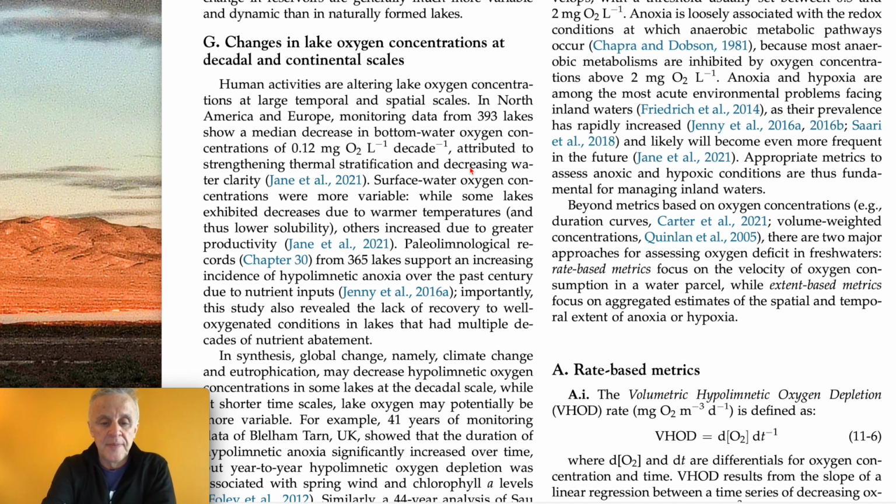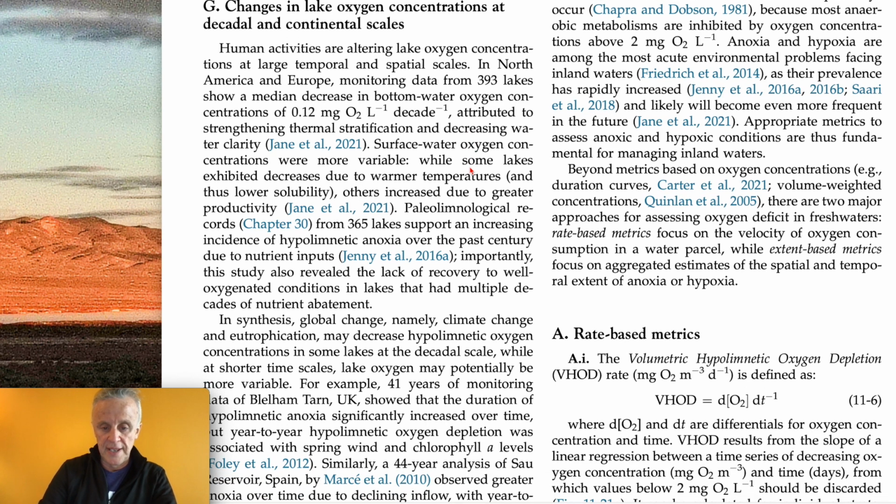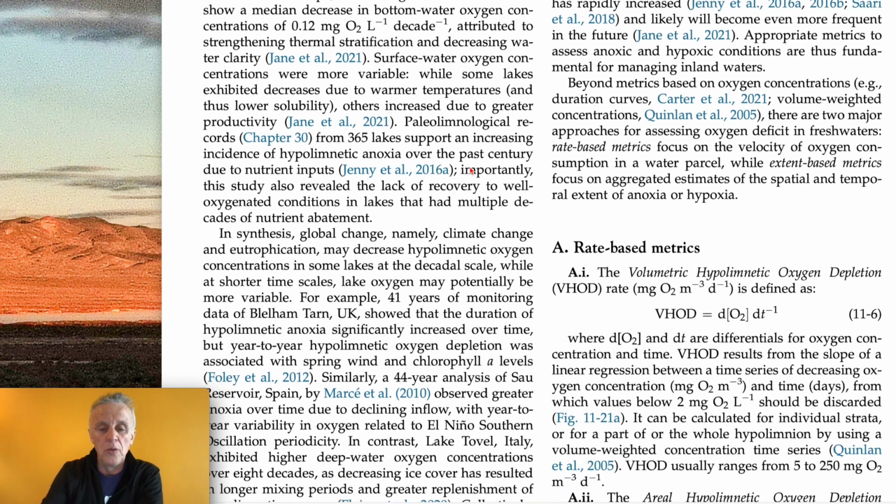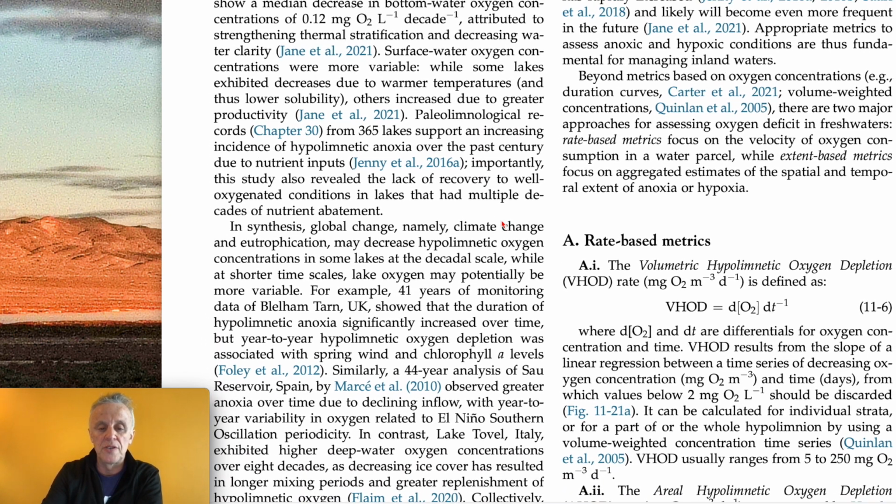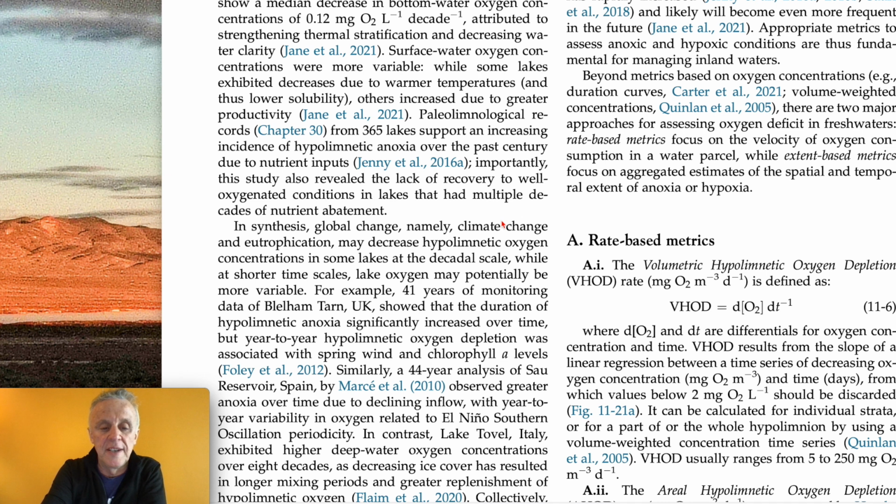Paleolimnological records from 365 lakes support an increasing incidence of hypolimnetic anoxia over the past century due to nutrient inputs. Importantly, this study also revealed the lack of recovery to well-oxygenated conditions in lakes that had multiple decades of nutrient abatement. In synthesis, global change, namely climate change and eutrophication, may decrease hypolimnetic oxygen concentration in some lakes at the decadal scale, while at shorter time scales, lake oxygen may potentially be more variable.